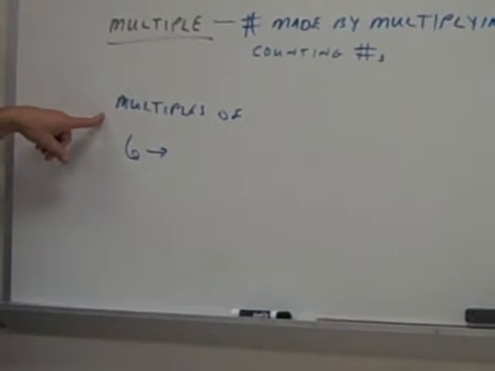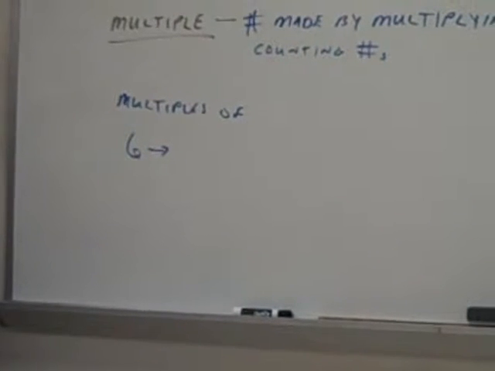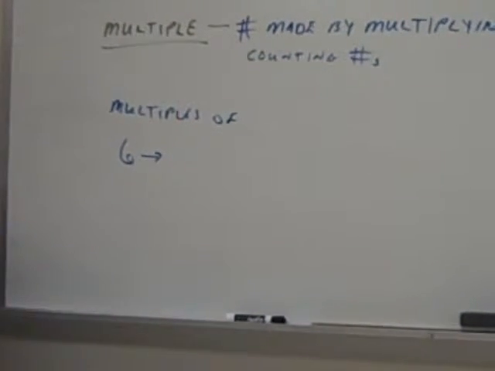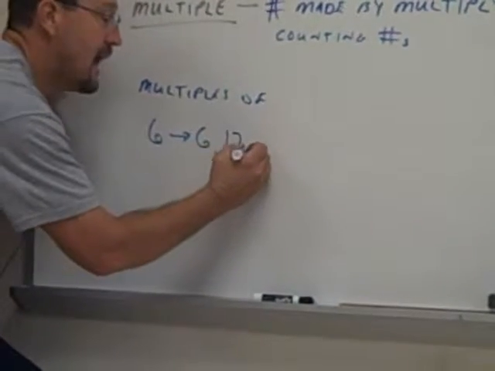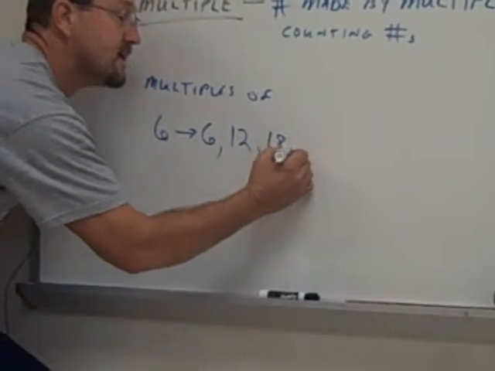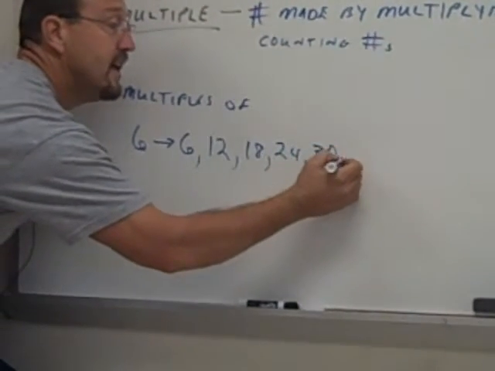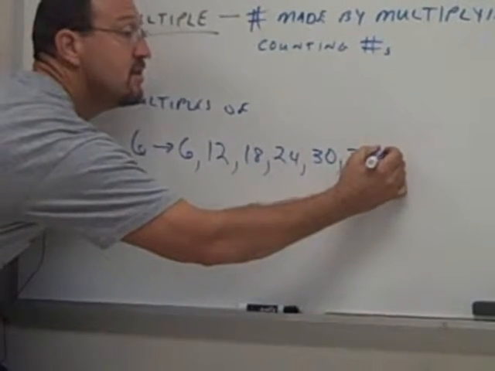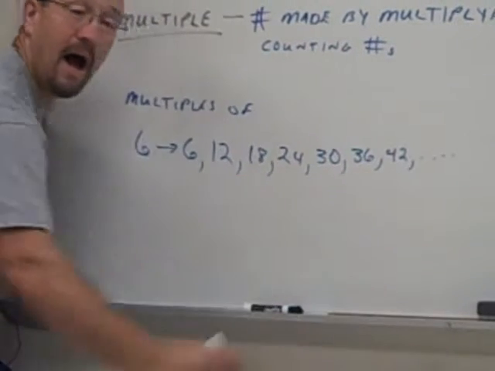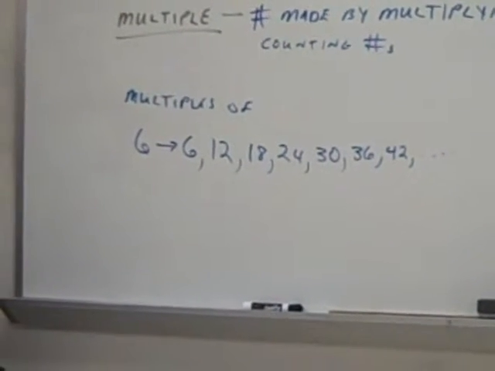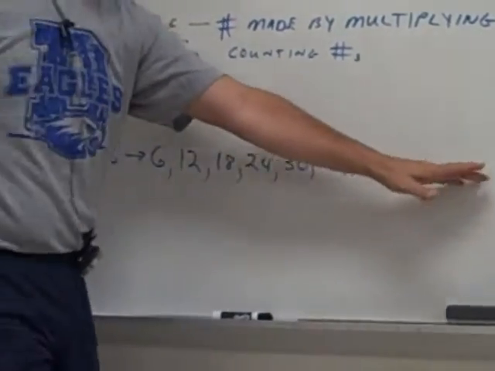We're doing multiples, meaning we multiply 6 times 1. 6. 6 times 2. 6 times 3. 6 times 4. Next one. 30. 36. 42. Blah, blah, blah. Right? Notice my list could keep going on.